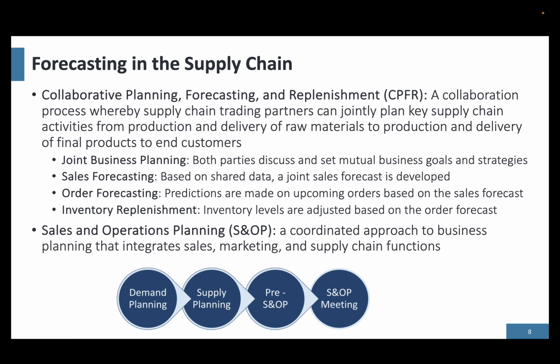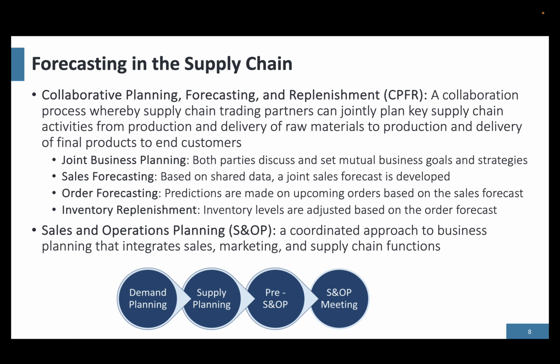For instance, when I was in procurement at a variety of companies, I often would have meetings with my suppliers and engage in these different activities. As a manufacturer working with my suppliers, I'm setting goals with them. I'm sharing our sales forecasting. I'm trying to collect order forecasting information internally to figure out how much we're going to buy and then share that with our suppliers.